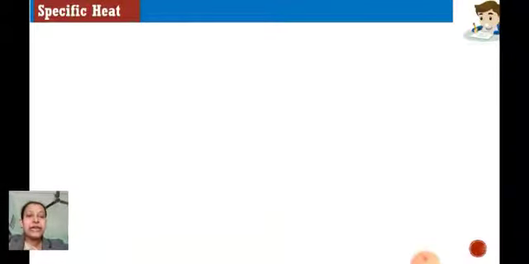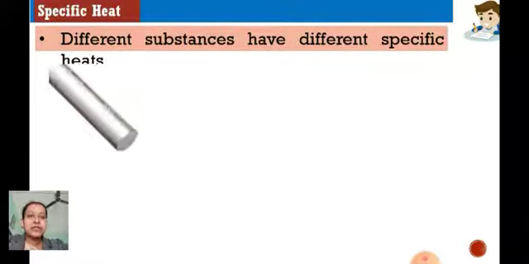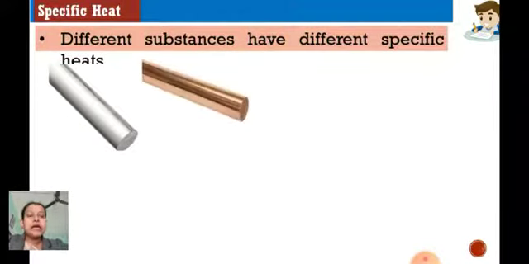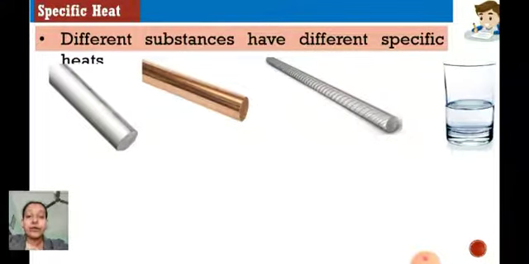Different substances have different specific heats. For example, here you can see different pictures. This is the rod of aluminium. This is a copper rod. Then we have an iron rod. Then if you see, water also has its particular specific heat.